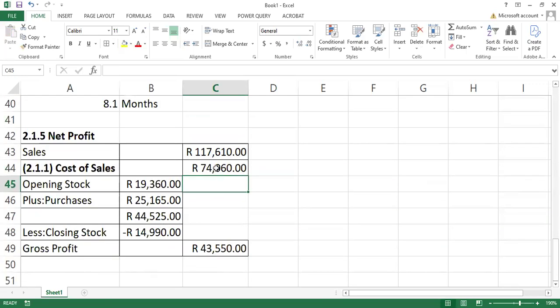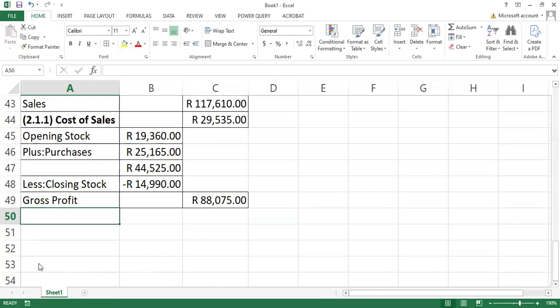I understand why it is wrong. I was supposed to say is equal to this plus this one. Yeah, now it's correct.